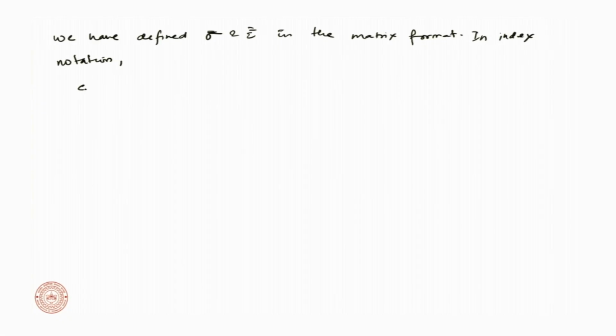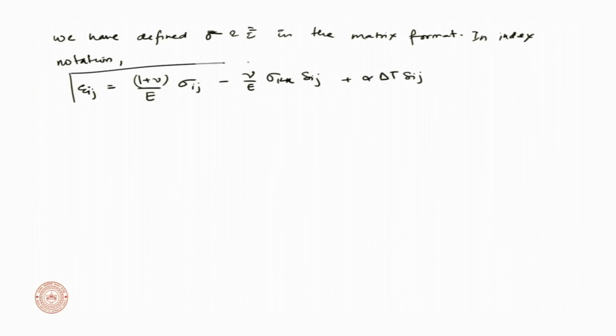we will have epsilon ij equals 1 plus nu over E sigma ij minus nu over E sigma kk delta ij plus alpha delta T into delta ij. So, this is one expression.